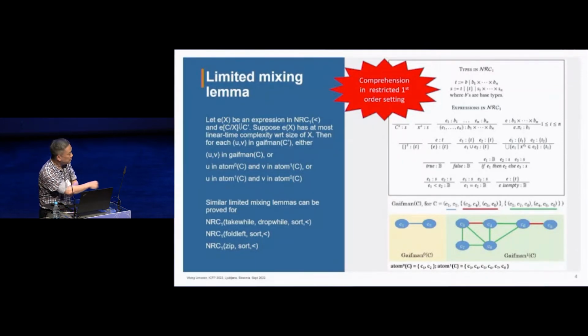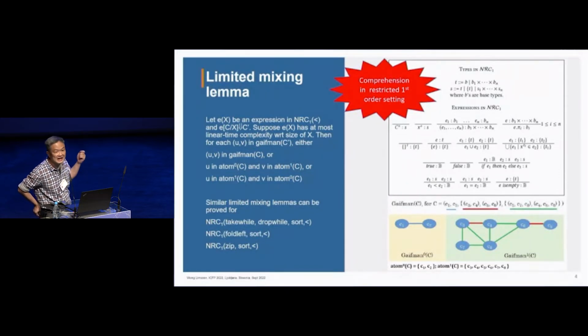Because I can have constants and also things inside a list, I call the constants level 0 atoms, and those things in the list level 1 atoms. Now you can state a very simple theorem like this. If you have any expression in this restricted language, and if this expression has a complexity that is linear, then the following happens.